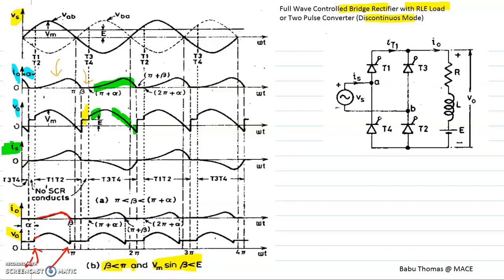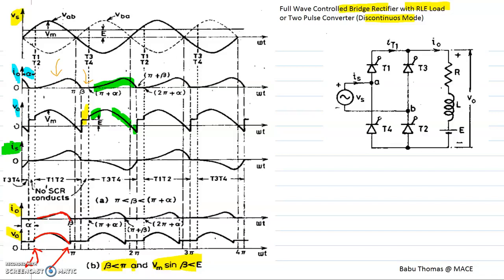Now you need to plot the load voltage V0. From alpha to beta, the thyristors T1 and T2 are conducting, and therefore the load voltage V0 will be replicating your source voltage Vs. So that is like this. And at the angle beta, the thyristors T1 and T2 get commutated.